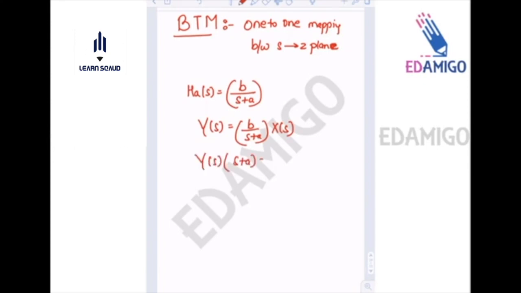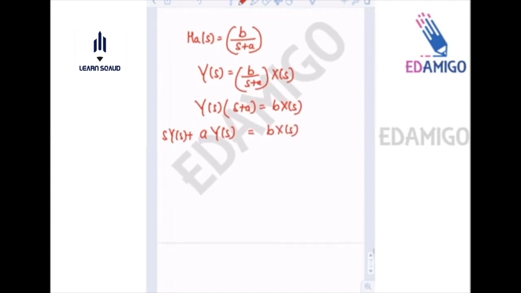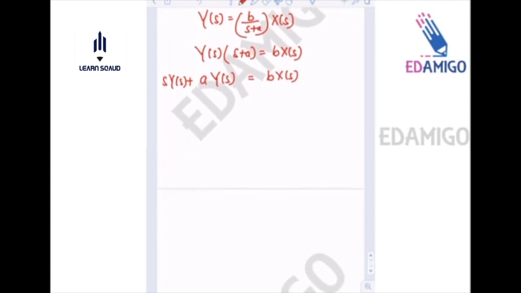Y(S) into S plus A is equal to B times X(S), and A times Y(S) plus S times Y(S) is equal to B times X(S). So in the time domain, this can be written as dy(t)/dt plus A times y(t) is equal to B times x(t).